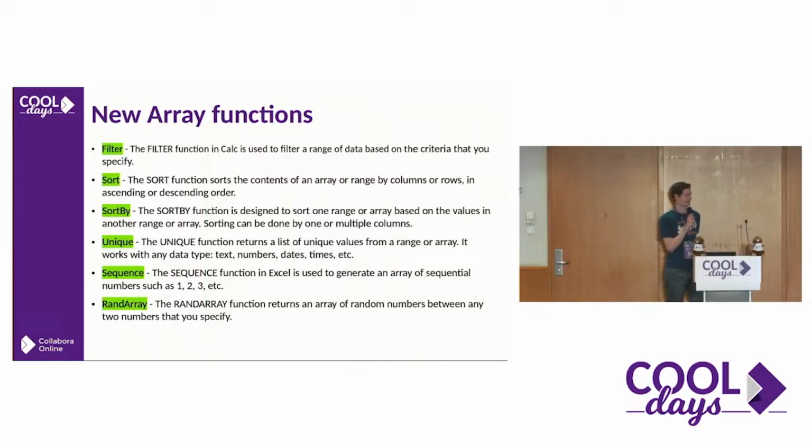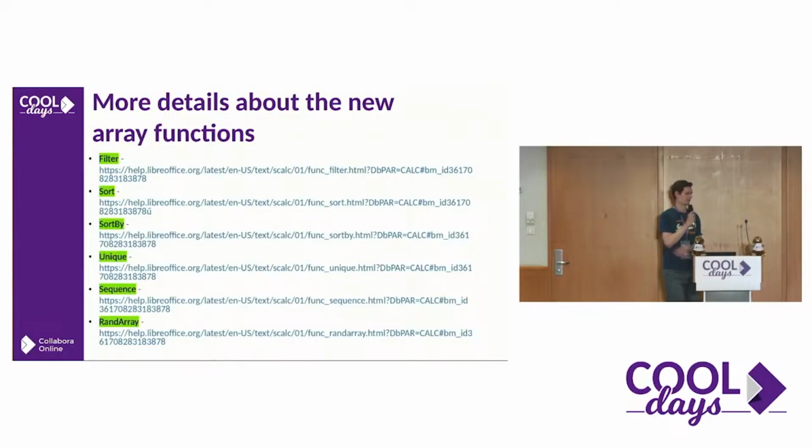The sequence function generates a list of sequential numbers in an array. And the other one was the randarray function, which generates an array of random numbers. And here is some more information about the functions, if you are interested.